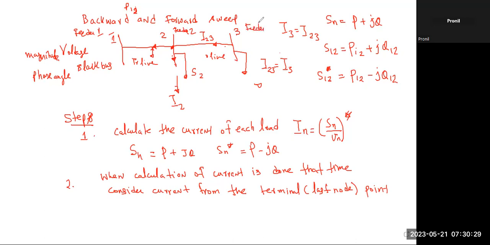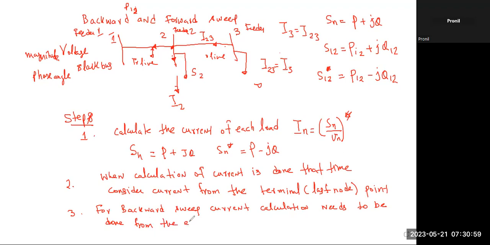For the backward sweep, the current calculation needs to be done from the end of the feeder.